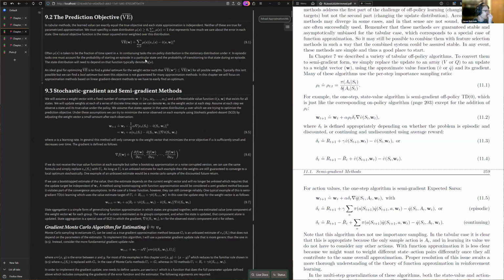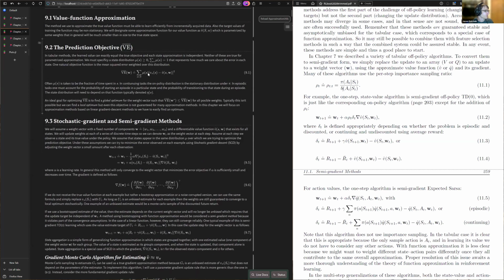Here it's omitted, but this distribution is for a particular policy, in this case pi. There are a bunch of examples in this chapter where you try to do updates like this, and even if you use the importance sampling ratio, it still might not work, or it might not be a stable process because the samples themselves are not following this.